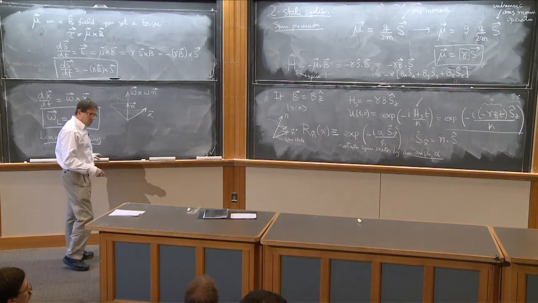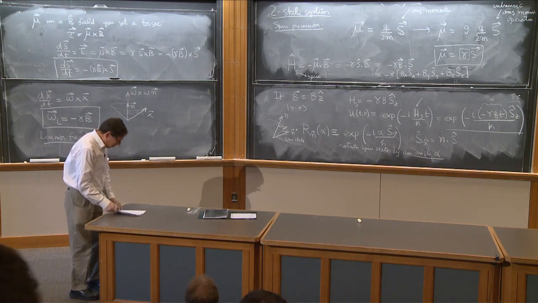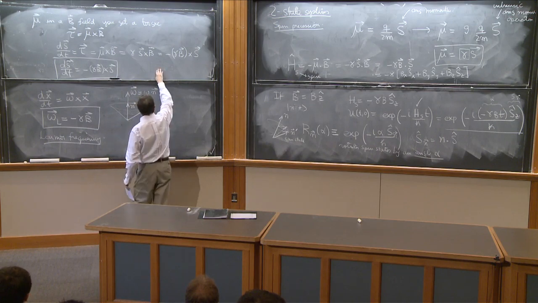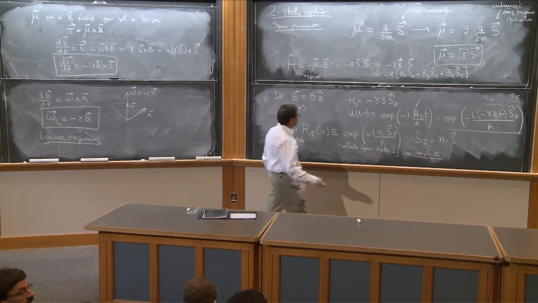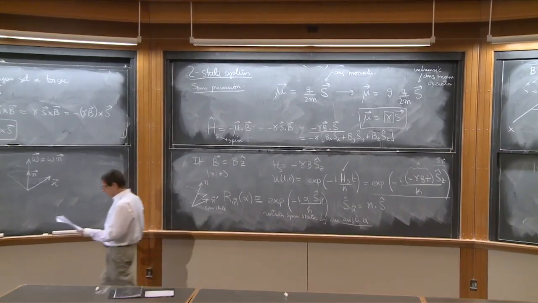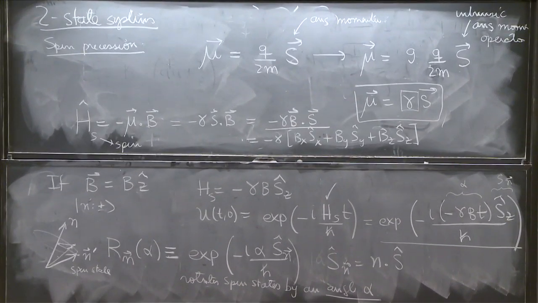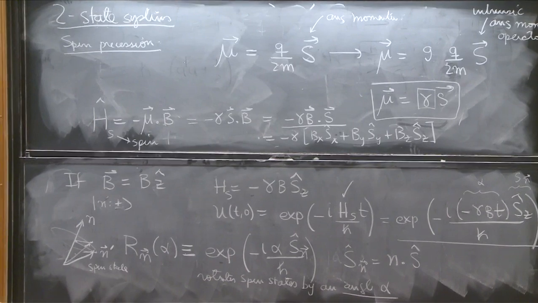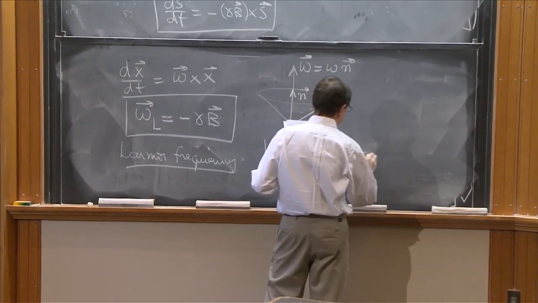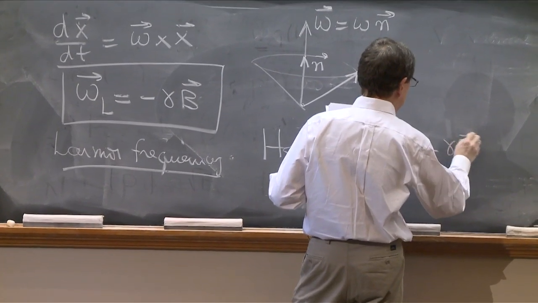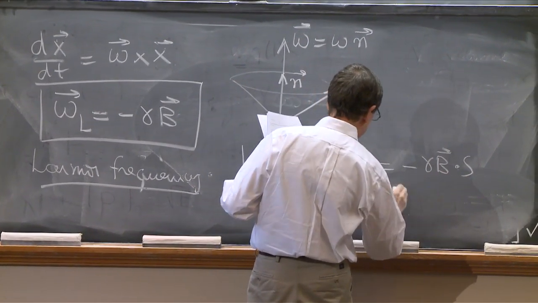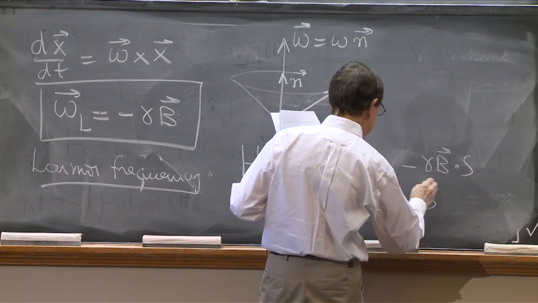So we can now use the Larmor frequency to rewrite the Hamiltonian, of course. A little bit of emphasis is worth it. H_s is minus mu dot B, and it's minus gamma B dot S, and it's finally equal to omega_L dot S.